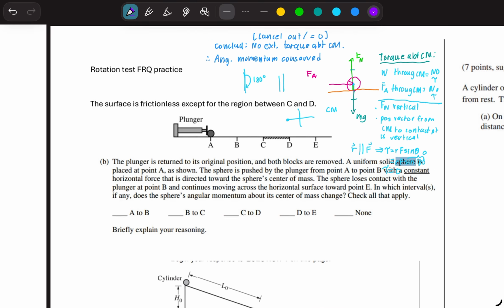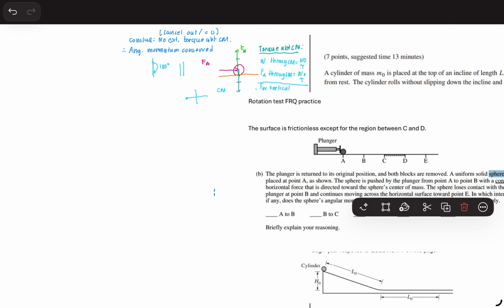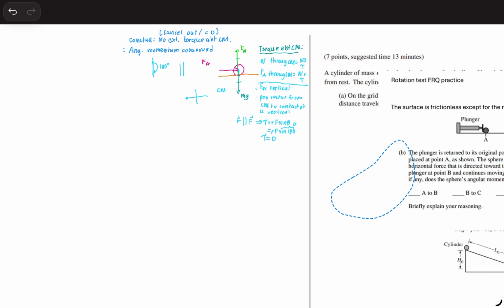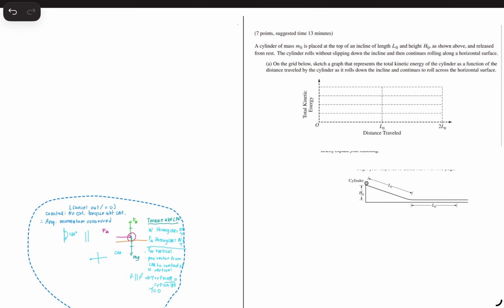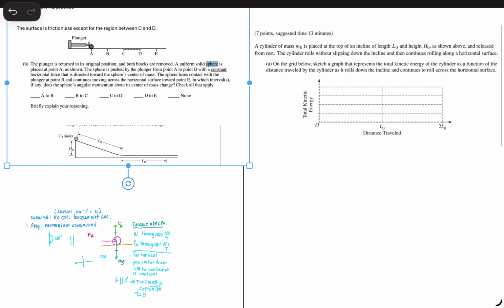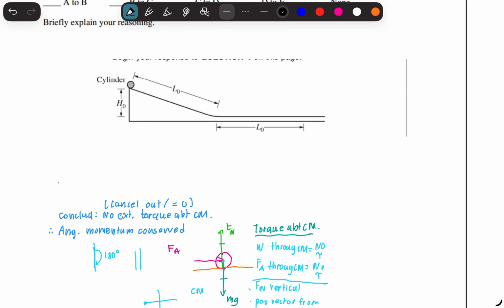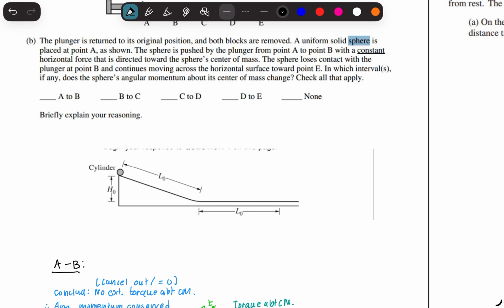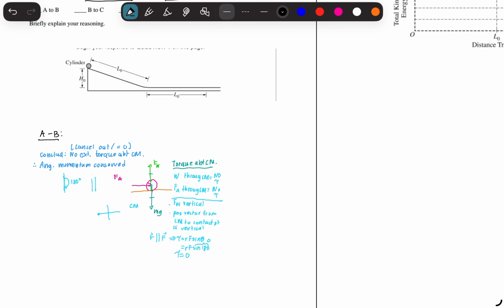So that was for interval A to B. So from A to B, no external torque. So that's not going to be checked.